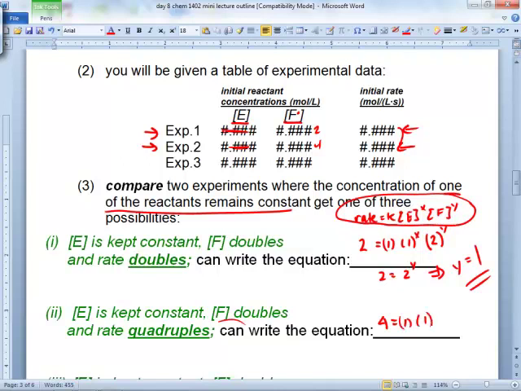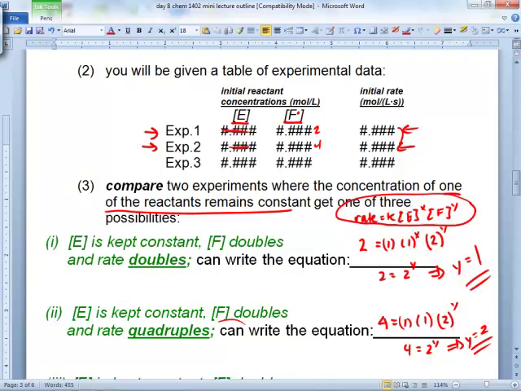Concentration of E didn't change, right? But F, what did he do? He doubled, right? So I have to put a 2 to the Y. Now can you see what the equation is? 4 equals 2 to the Y. Y would have to be 2.